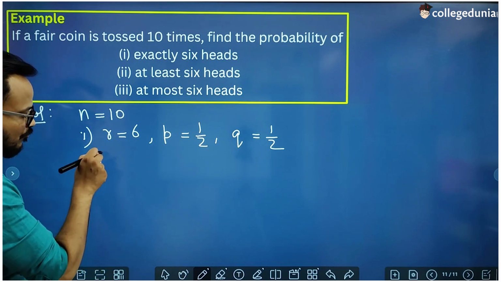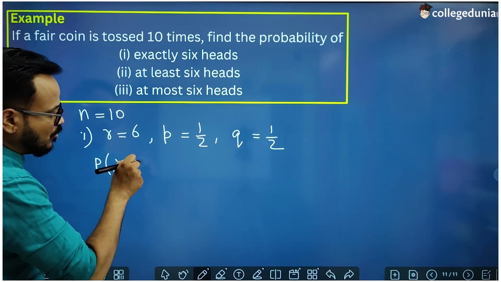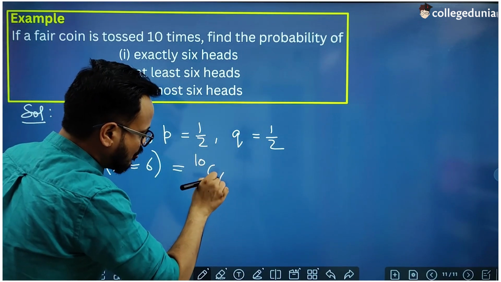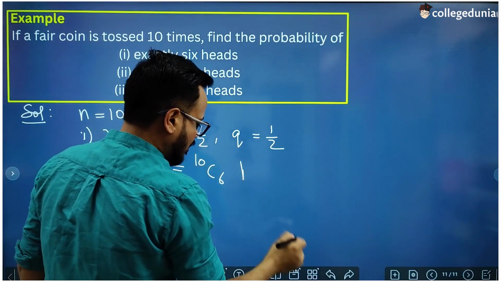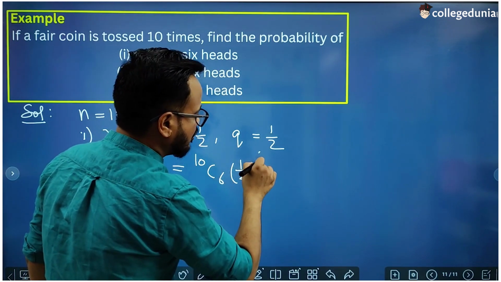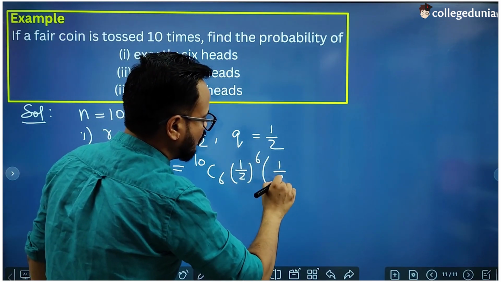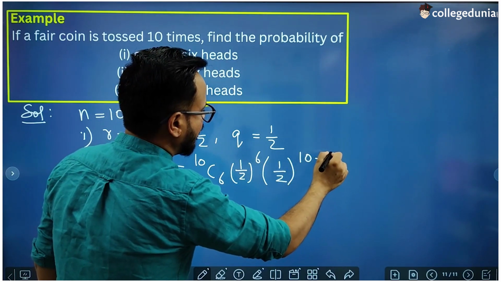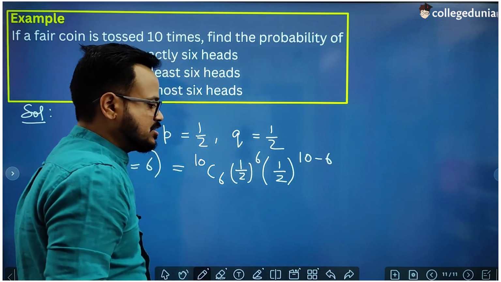So we have to find P(X = 6), which is 10C6 p, that is half raised to power 6, into q, that is also half raised to power n minus r, which is 4.